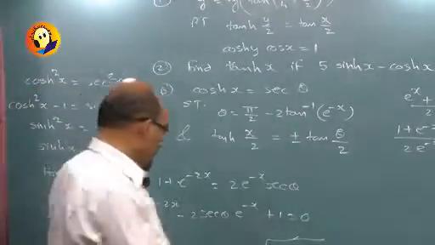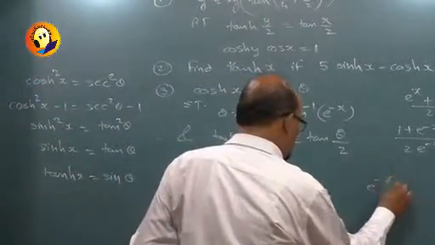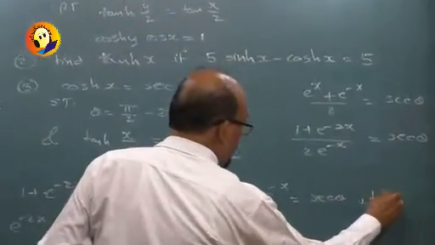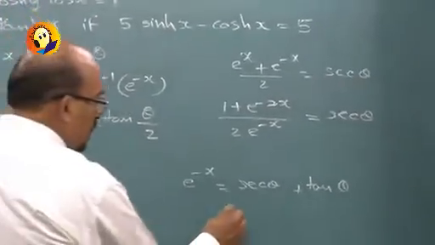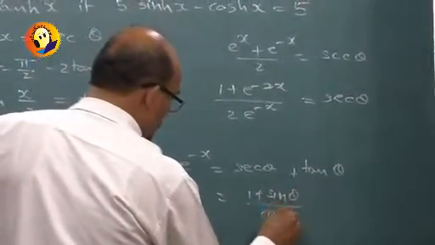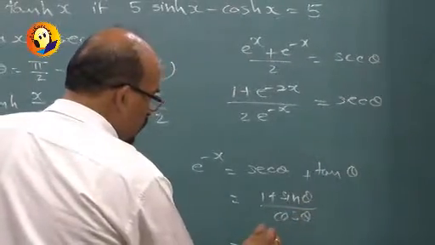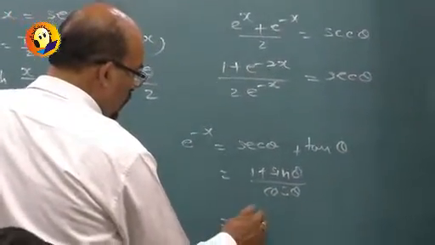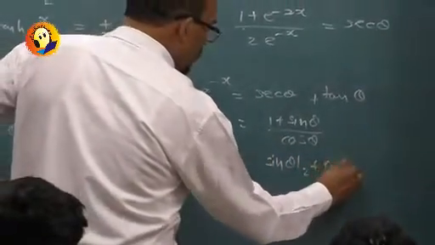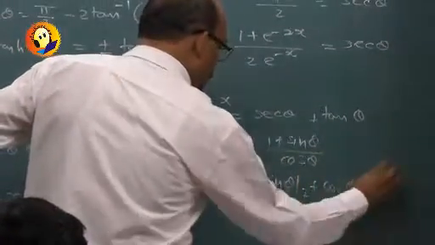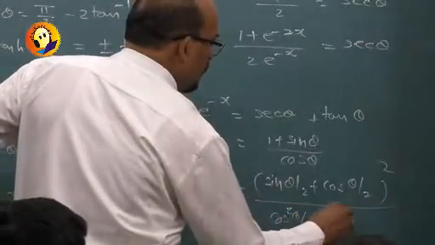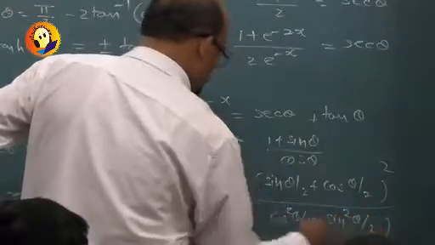From here, so it is e raised to minus x equal to sec theta plus tan theta, which is 1 plus sin theta upon cos theta, which is sin theta by 2 plus cos theta by 2 whole square upon cos square theta by 2 minus sin square theta by 2.